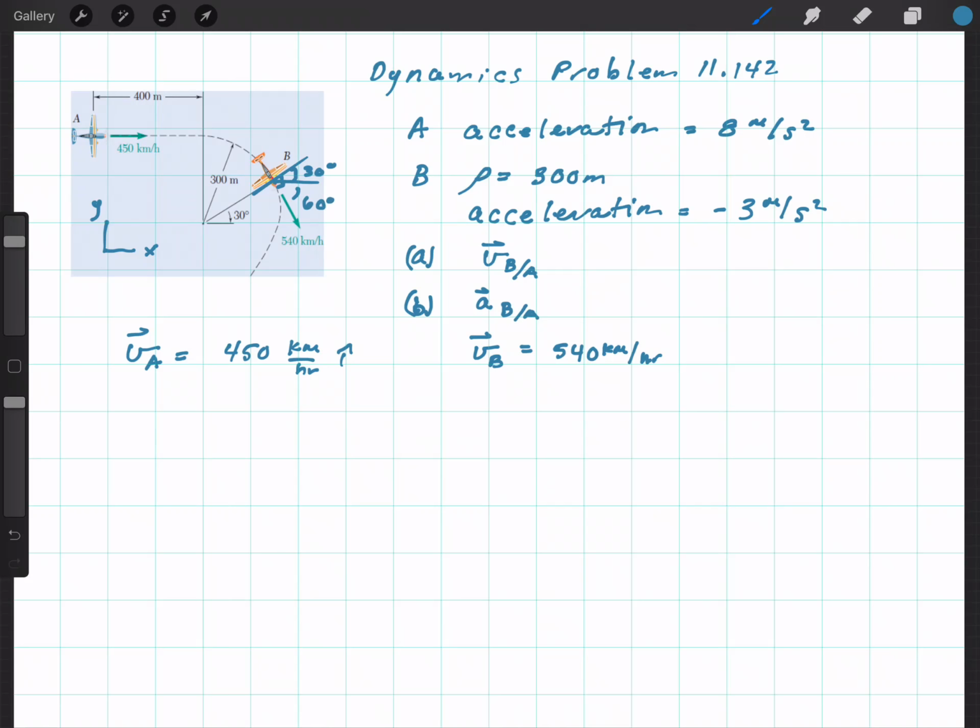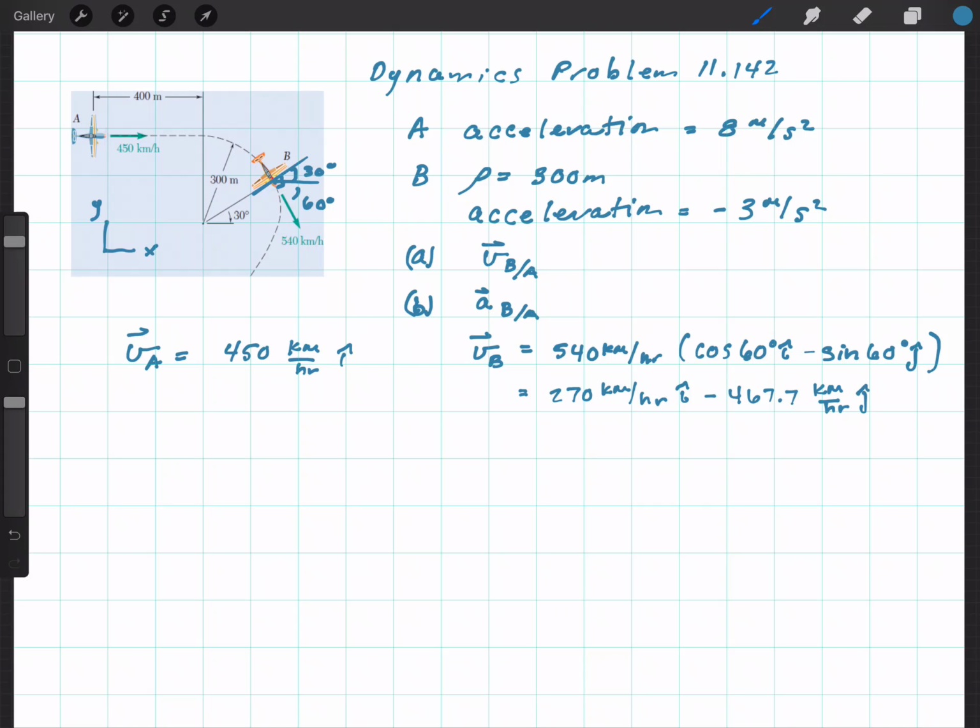So 540 kilometers per hour times the cosine of 60 degrees in the i direction minus the sine of 60 degrees j. So it's a positive i and a negative j direction. If we multiply it out, we get 270 kilometers per hour in i minus 467.7 kilometers per hour in the j.